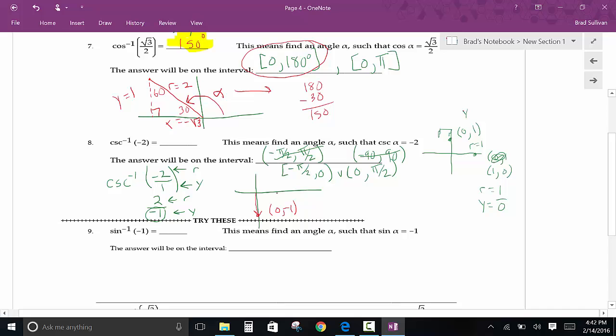Okay, the only place on a graph where the y value could be -1 would be down at this angle, which would be 270 degrees. Okay, like that.